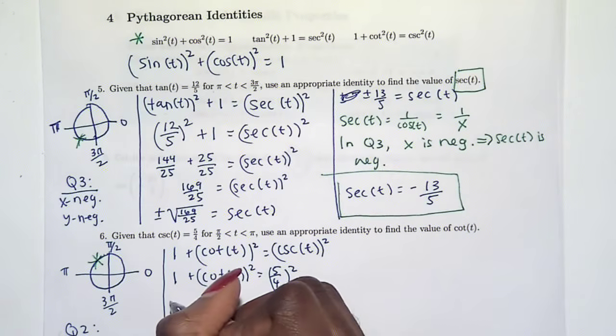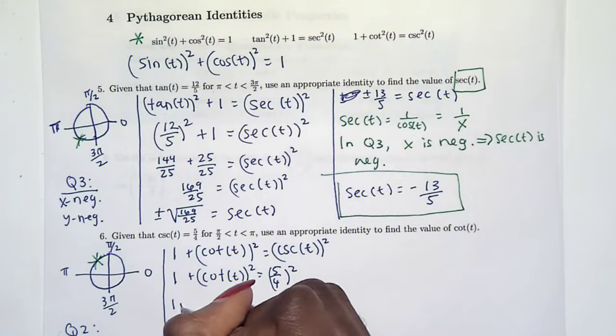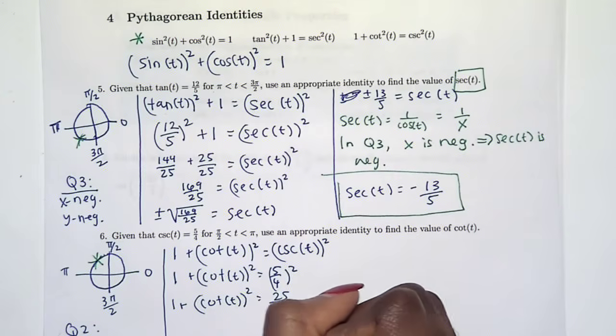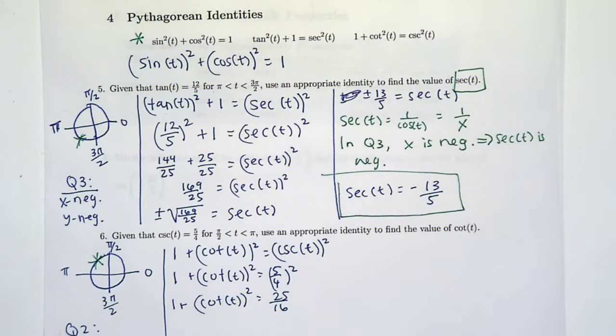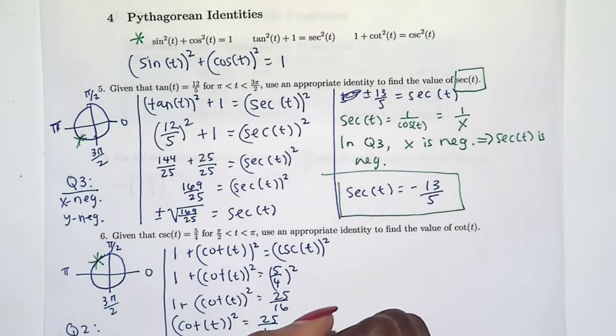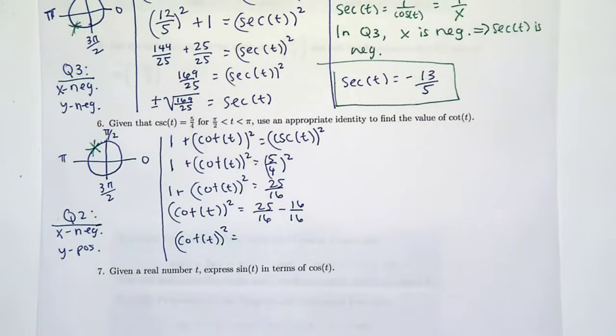I'm going to go ahead and square this. Subtract the 1 on both sides. I'm going to write it as 16 over 16 because I already know I want to add them. 25 minus 16 is 9. So cotangent of t squared is 9 over 16.